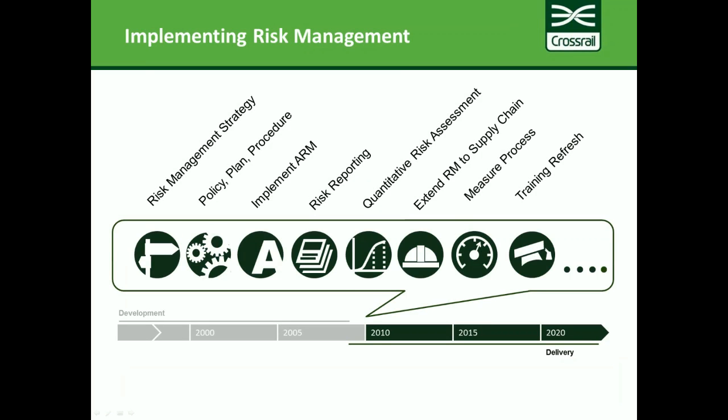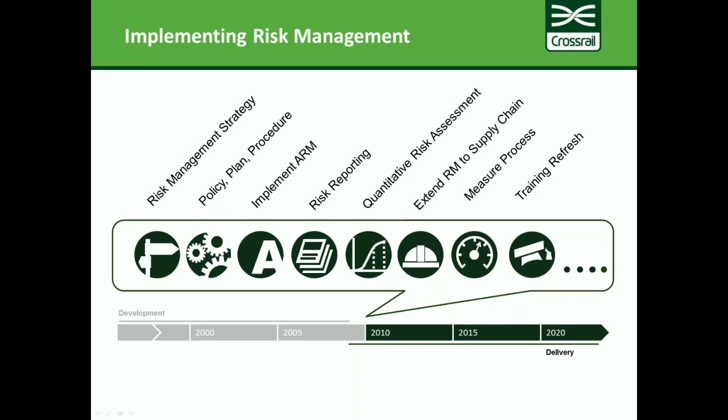So I've just got a little timeline. I feel very lucky to have started at Crossrail in 2009 at a point when the program was mobilizing, when we were setting up our systems, processes, and frameworks that were going to deliver the bulk of the project delivery.